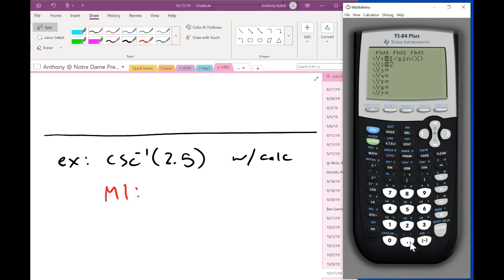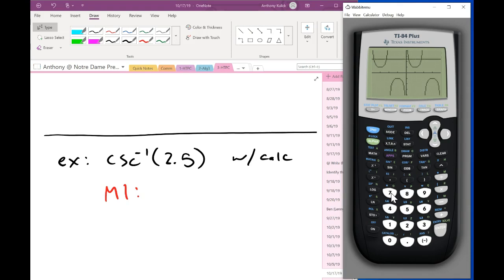And then I'm going to type in 2.5. I'm going to make sure my calculator's in radian mode. I know mine already is because I just did this a couple hours ago. And then I'm going to do zoom trig. So here's the graph of cosecant coming in here. Notice the asymptotes all over the place.